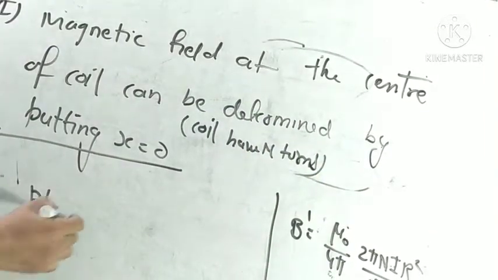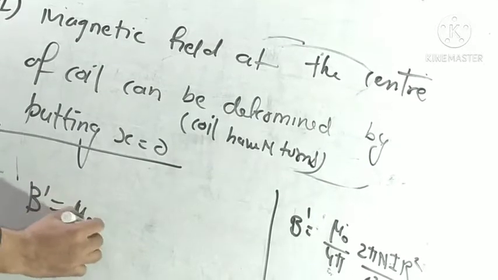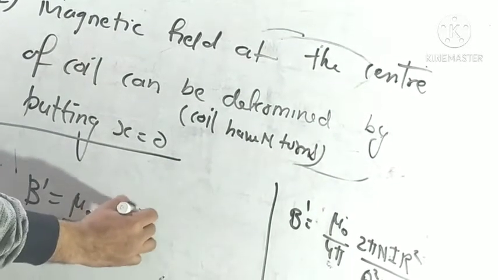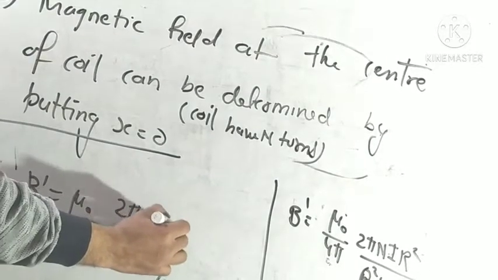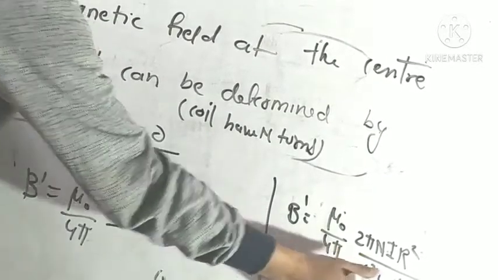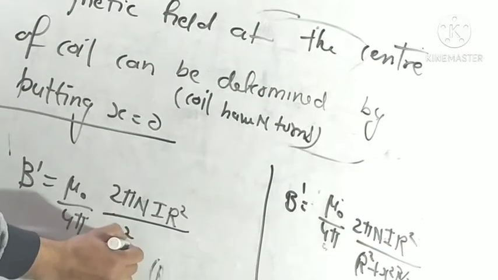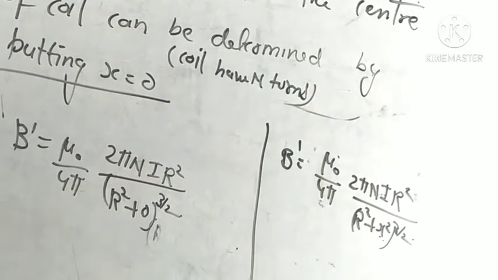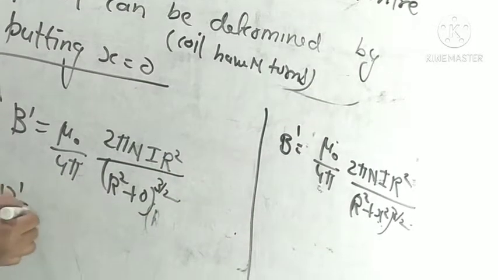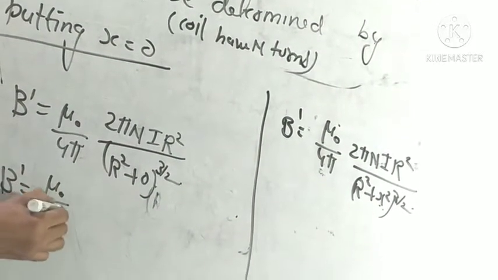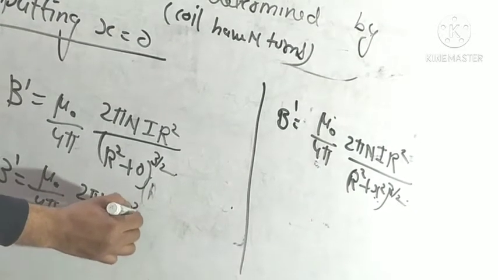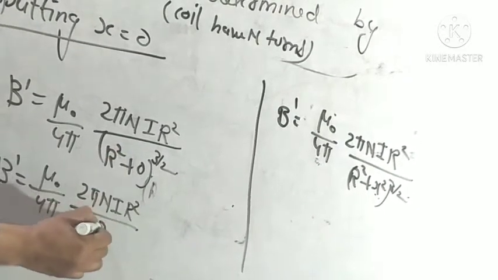Then B dash is equal to mu naught upon 4 pi, 2 pi N I R square upon, we put the value of X is equal to 0 here, so R square plus 0 to the power 3 upon 2. So finally B dash is mu naught upon 4 pi, 2 pi N I R square and here R cube.